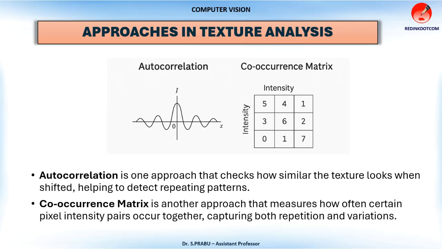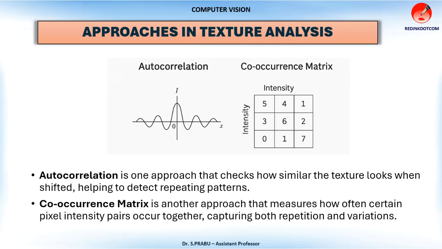This approach focuses on how often pairs of pixel intensities occur together in an image. By analyzing these co-occurrences, we can capture both repetition and the variation in texture, making it very powerful for describing complex surfaces. So, while autocorrelation highlights repeating patterns, the co-occurrence matrix captures relationships between pixel values, giving us a deeper understanding of texture.